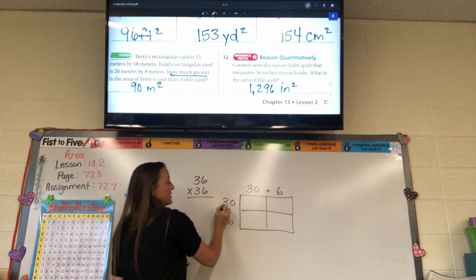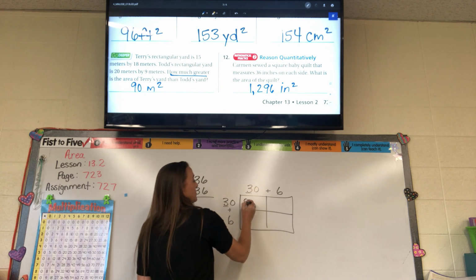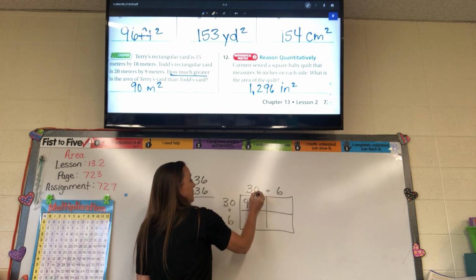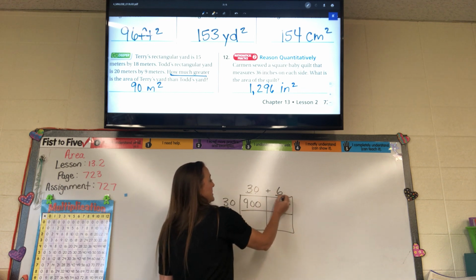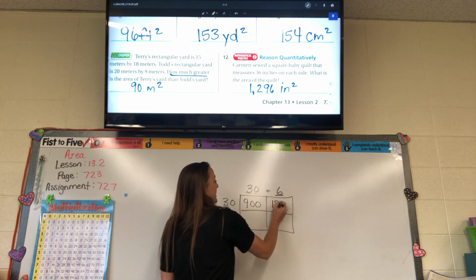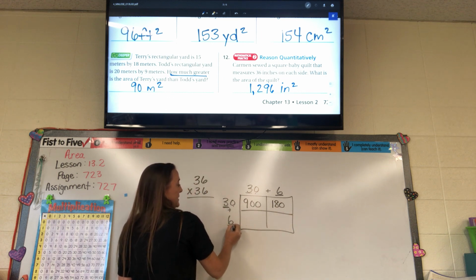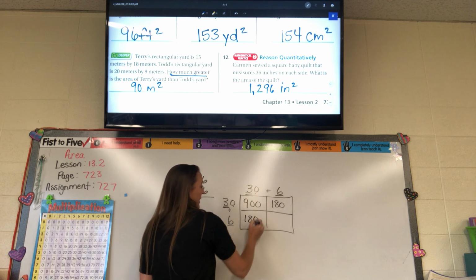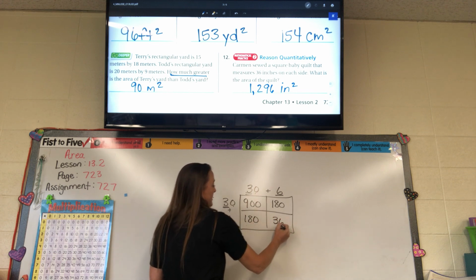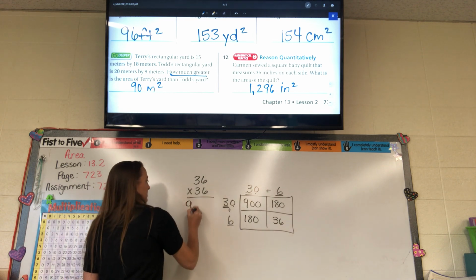For this box it's 30 times 30. We use our basic fact of 3 times 3, which is 9. Then we tack on our 2 zeros. And then 3 times 6 is 18 with 1 zero behind it. For this box, it's 6 times 3 is 18 with 1 zero behind it. For the last box it's 6 times 6, which is 36. Then we stack them and add them.